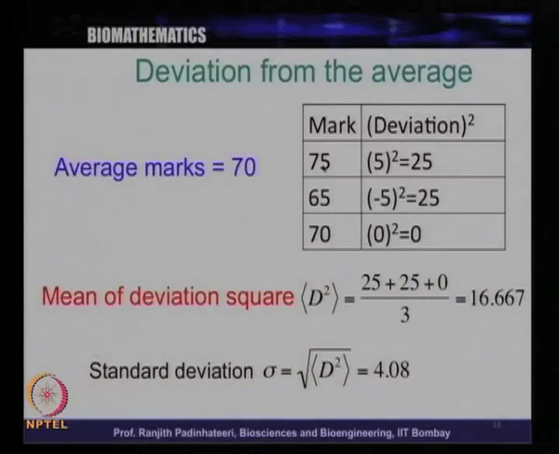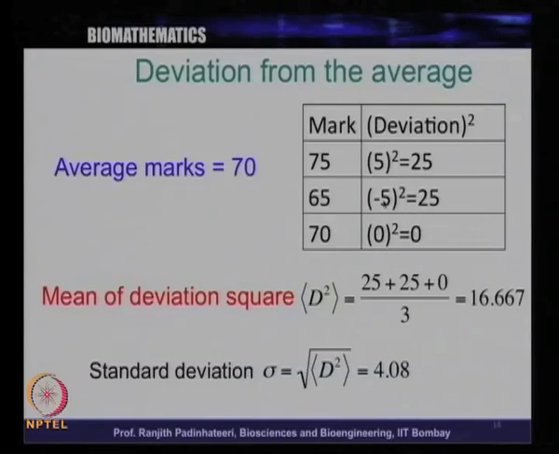So a 75 mark means the deviation is 5: 70 minus 75 is minus 5, 75 minus 70 is 5, and deviation square is 25. When it is 65, the deviation is minus 5, and the square is 25, and the 0 deviation square is 0.